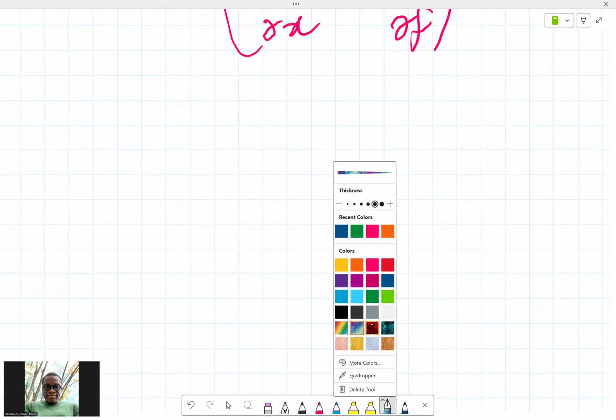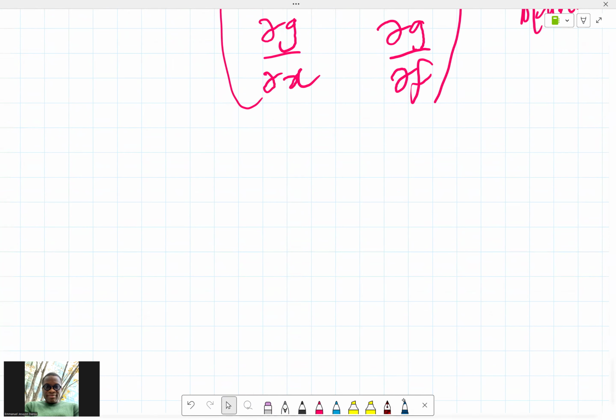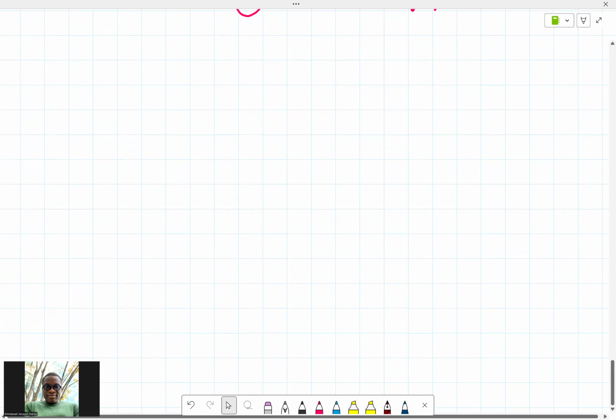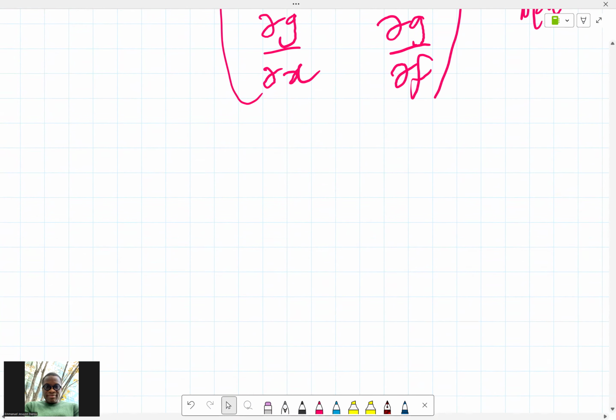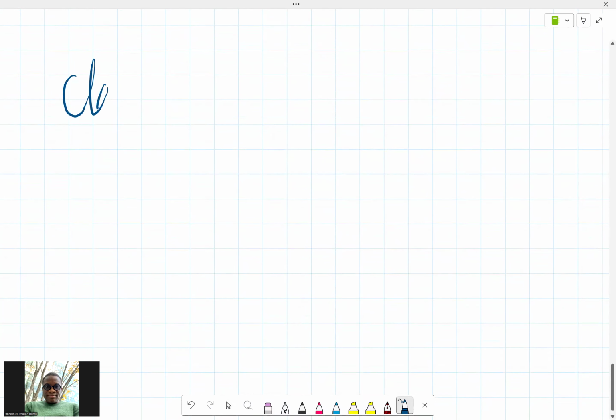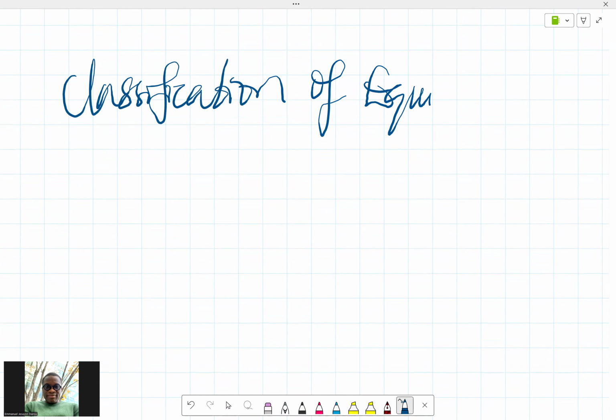Classification of equilibrium points is really useful. When we solve the Jacobian for the eigenvalues, it helps us know what kind of equilibrium point it is.